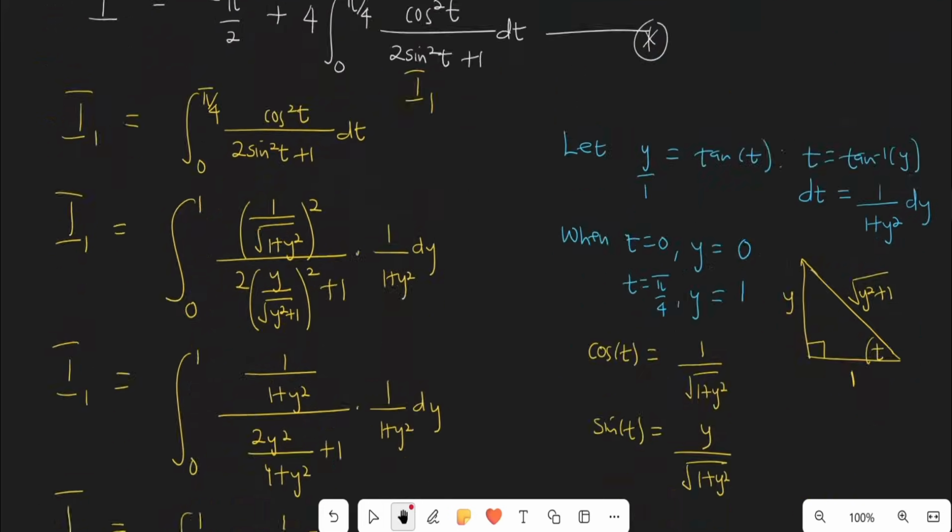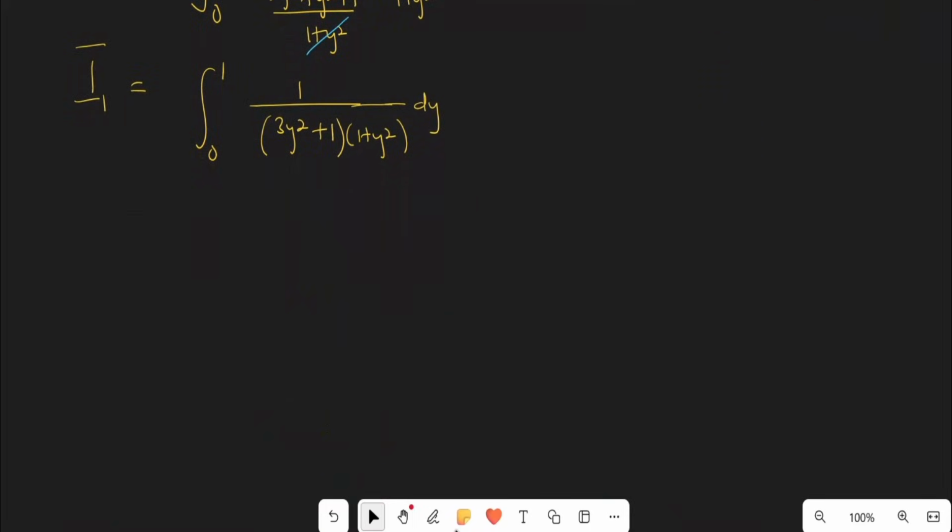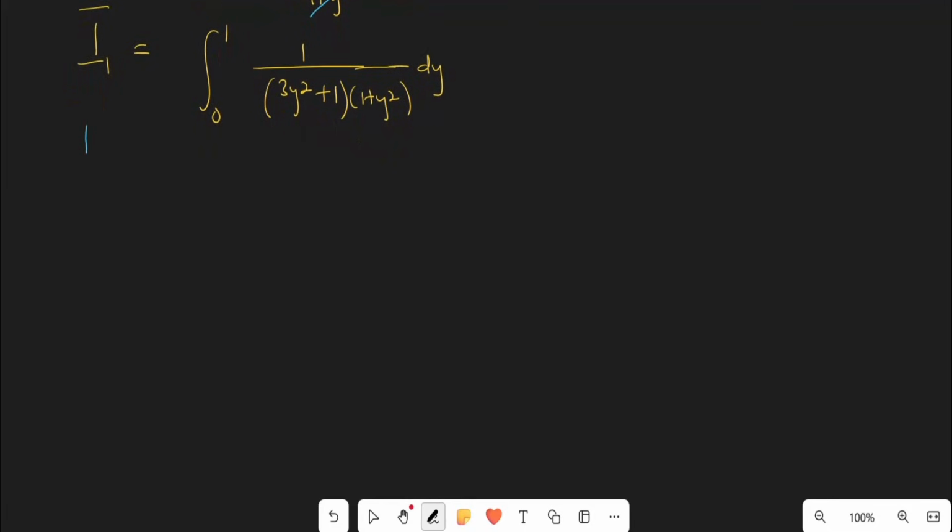Here we can apply partial fractions. Let me switch colors again. For the partial fractions, I'm just going to look at the integrand and I'll come back later for the integral. The integrand is 1 over 3y squared plus 1, multiplied by 1 plus y squared.